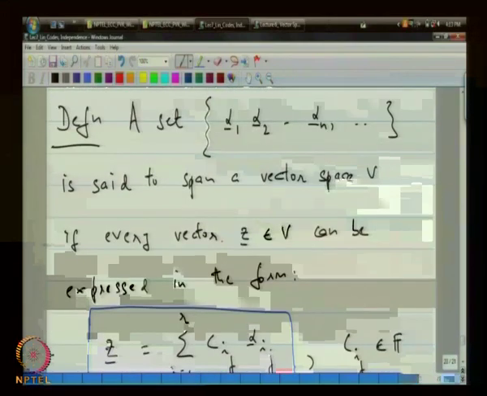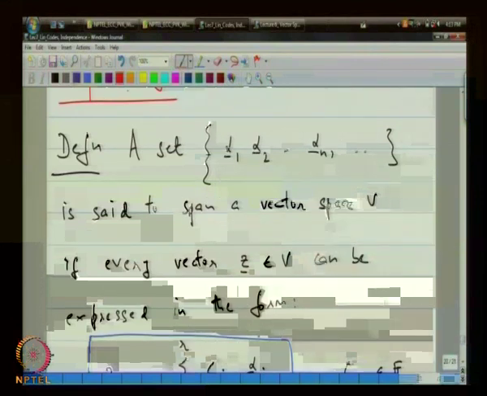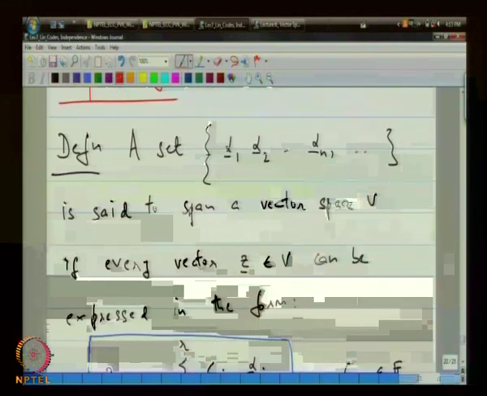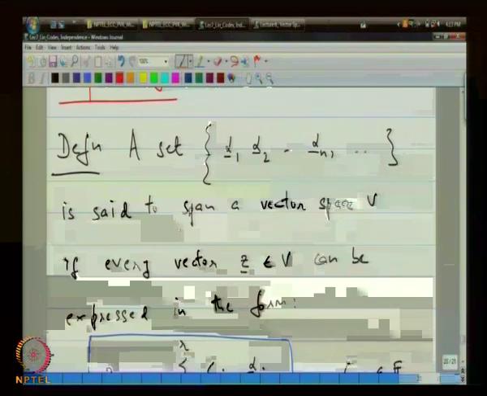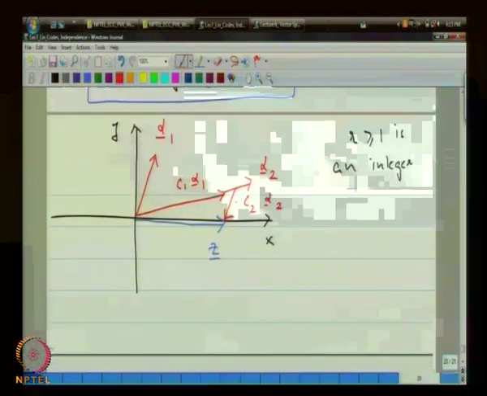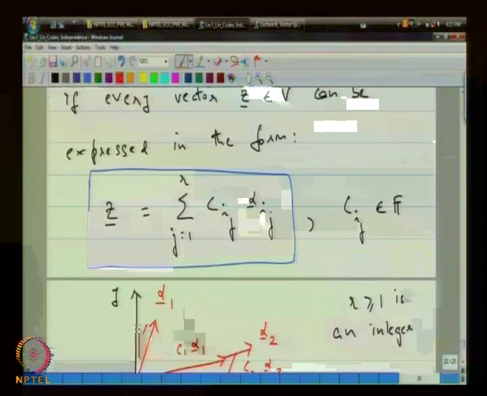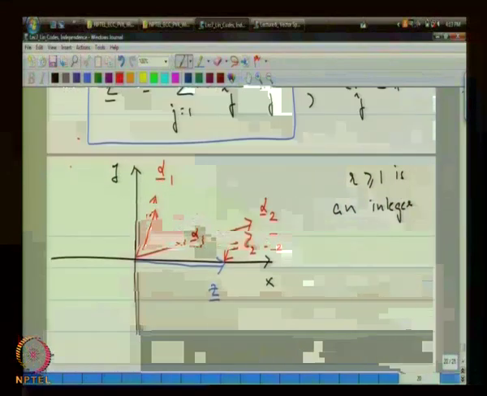Now, we have defined what it means for a set to span a vector space. And by the way, an expression of this form that you see over here is called a linear combination of the vectors alpha i j. Okay. So, I will just make a quick note of that, and with that we will end the lecture.